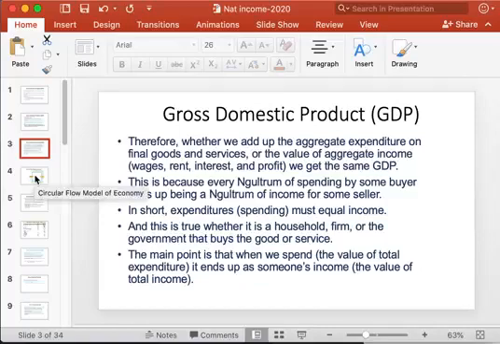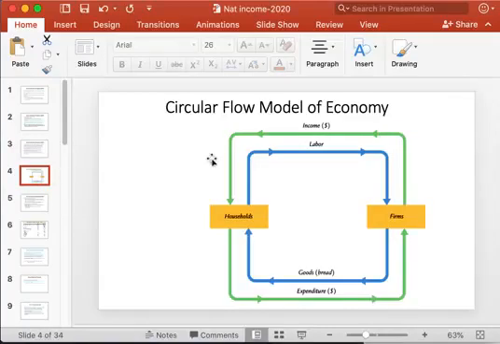So you can also understand the concept of GDP from this simplified macroeconomic model called the circular flow of economy.